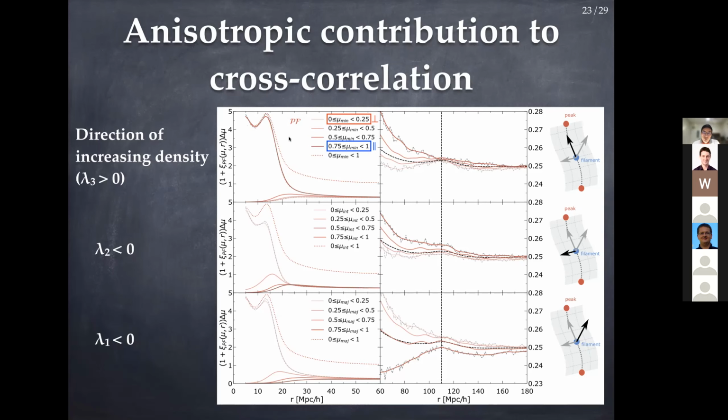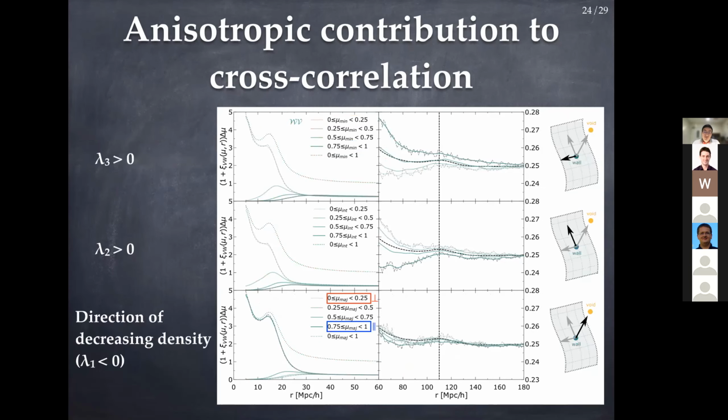And it is telling you that most of the peak and filament pairs are found in the direction along the filamentary structures. So I will skip the rest of the two cases, but you can also extend this analogy to the rest of the cases. And for the case of walls and voids, you can also do a similar analysis.